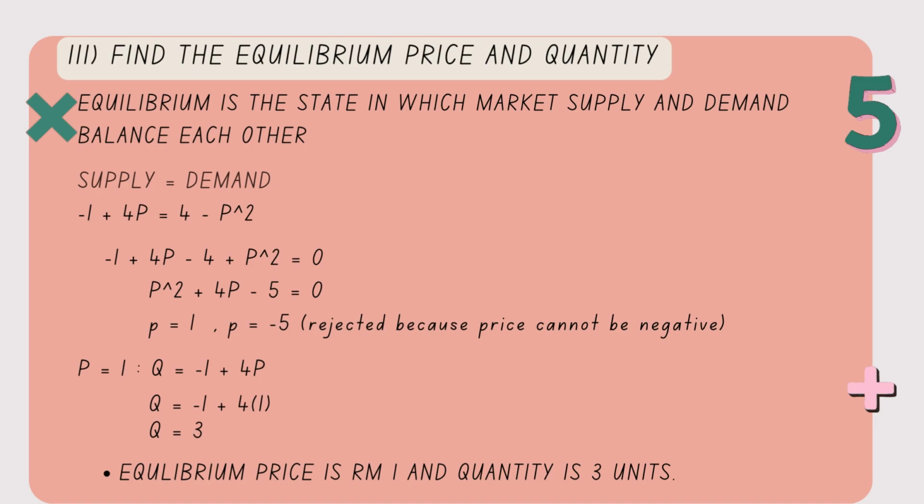Using the p we got just now, which is 1, we should find the quantity, where we will get 3. So now we know that the equilibrium price is RM1 and the quantity is 3 units. So when the price is RM1, the quantity will be 3 units.